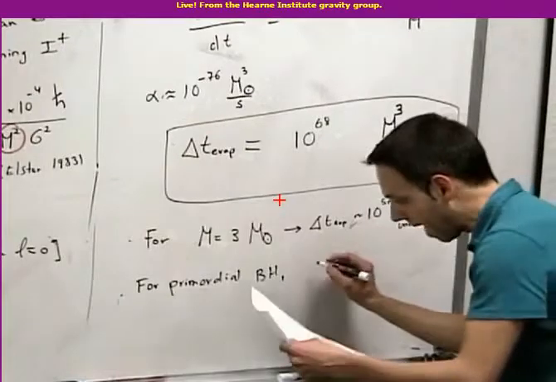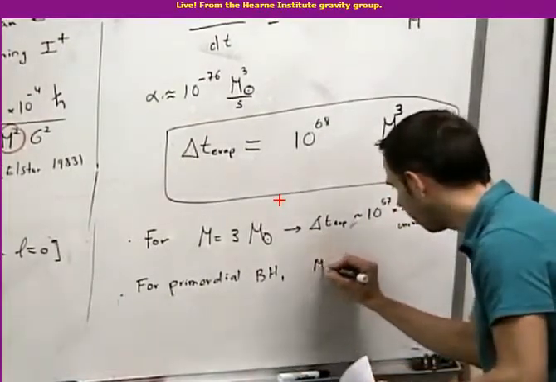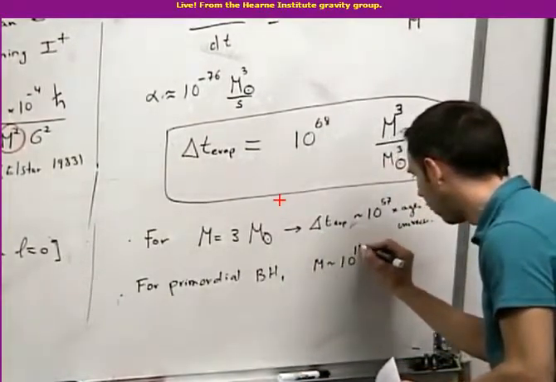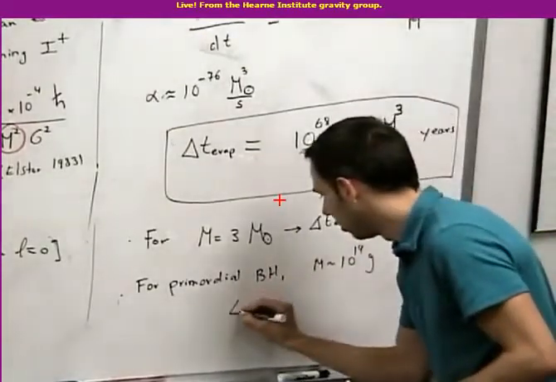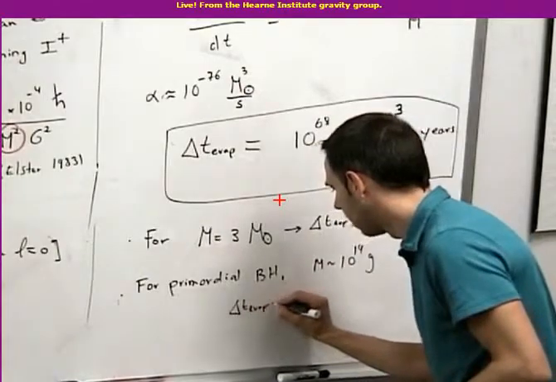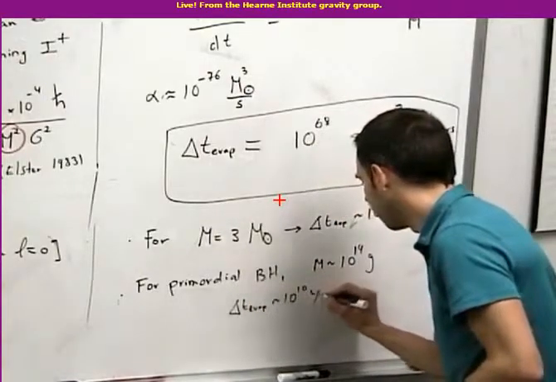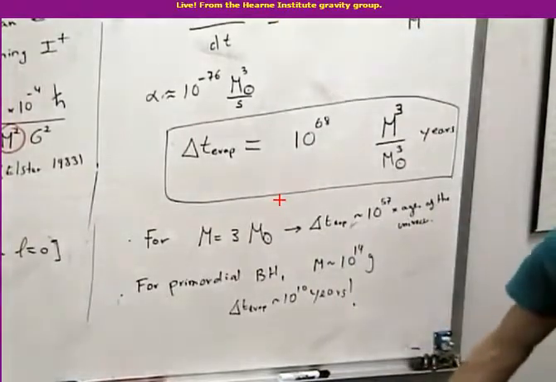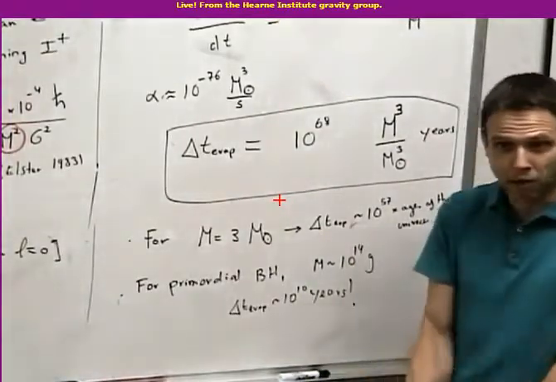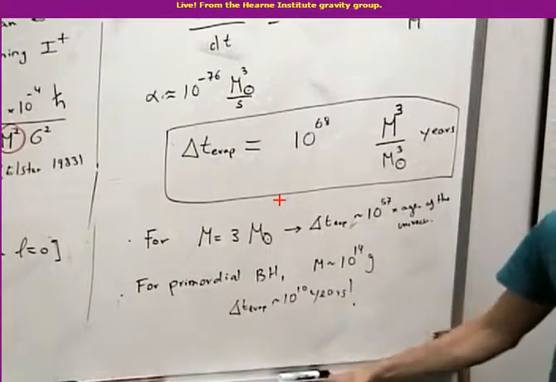The initial mass is estimated to be of the order of 10 to the 14 grams, so it's quite light. And if you do the computation, the evaporation time is 10 to the 10 years.